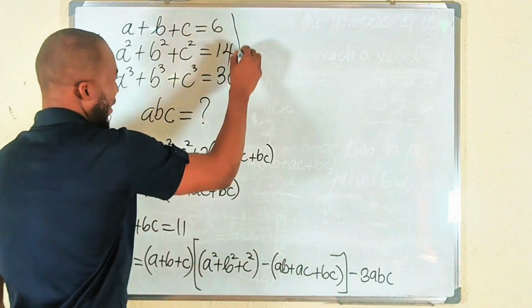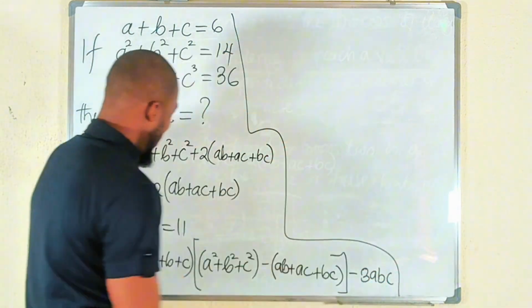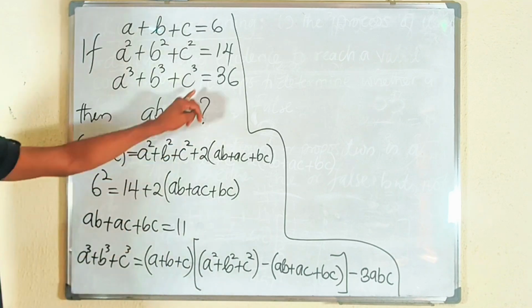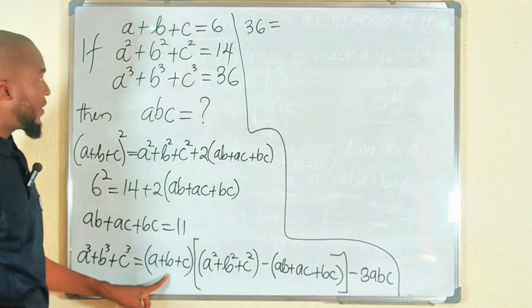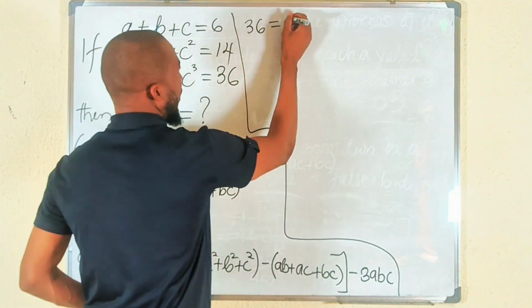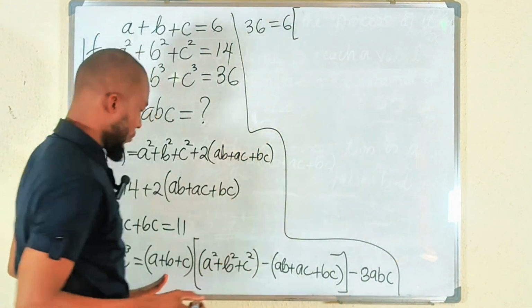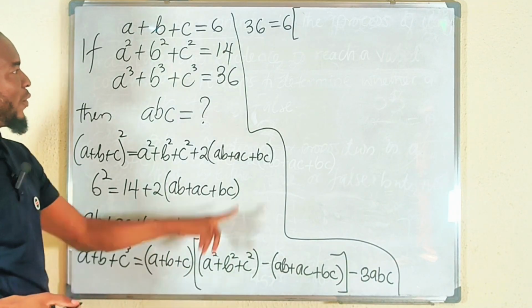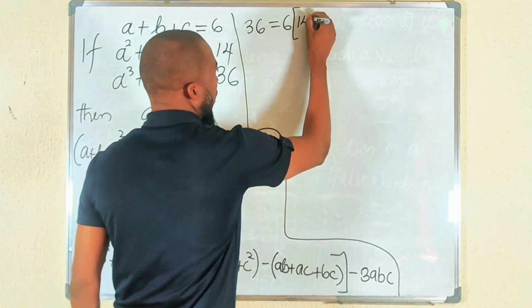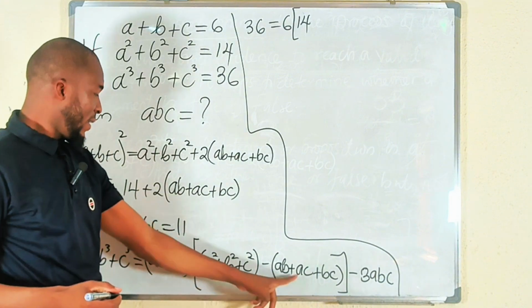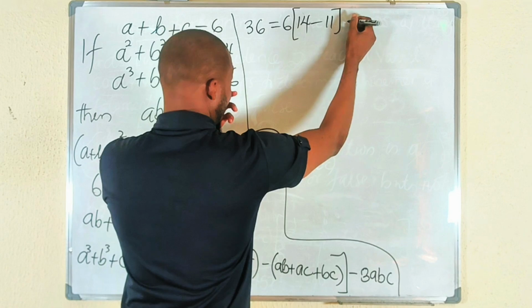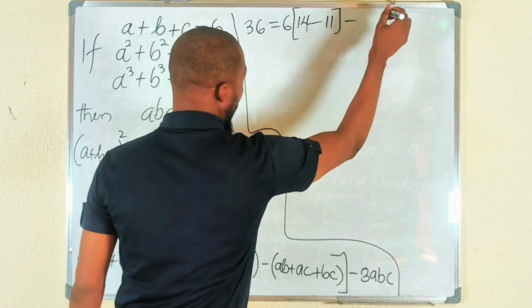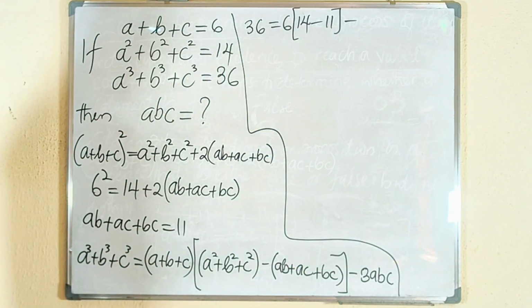So let me see if I can squeeze it here. This is 36, so we have 36 equals, this is 6, multiplied by, this is 14, minus, this is 11, close it, then minus, I hope there is no mistake here.